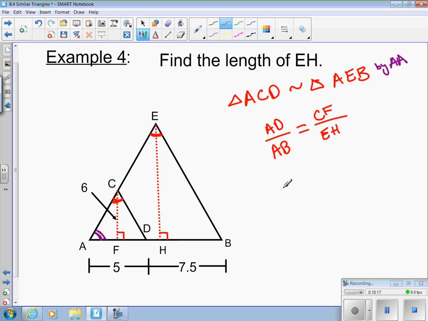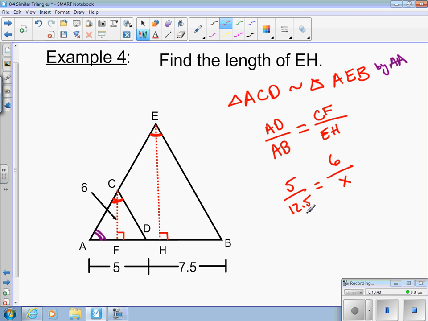So plug in the numbers. AD is 5. AB is not 7.5, but it's the sum of the two sides, 12.5. And that's going to equal CF over EH. EH, we don't know. That's what we're looking for.